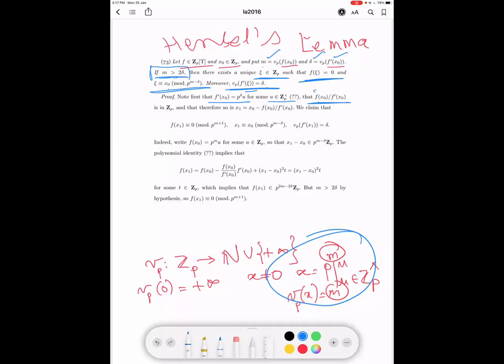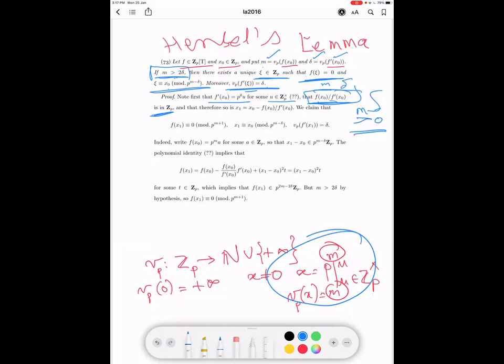So the valuation of this is m, the valuation of this is delta. So the valuation of the quotient is m minus delta. That's Vp. So m minus delta is of course strictly positive, because in fact m minus 2 delta is strictly positive, which means that this thing is in Zp.